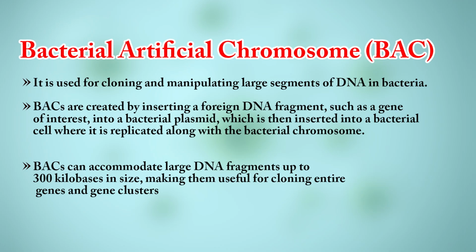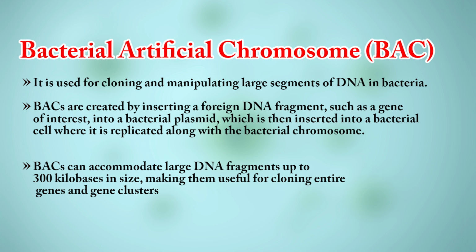Bacterial artificial chromosomes come first, because they are used for cloning and manipulation of larger fragments of DNA in bacteria. As we know, the conventional and commonly used vectors are plasmid DNA and bacteriophages, and cosmids have also been prepared for cloning applications and manipulating genes.